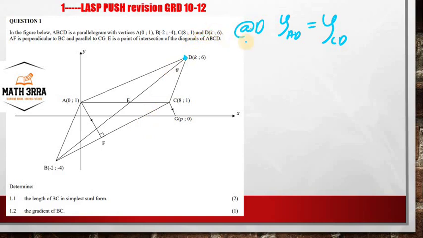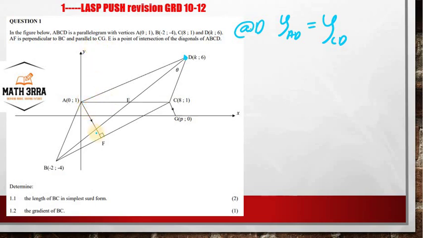Right, we haven't finished reading our scenario. We just read the first sentence and then put some meat to the bones, dressing up our skeleton. So they say AF is perpendicular to BC and parallel to CG.